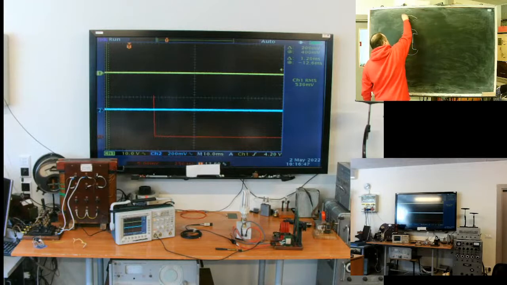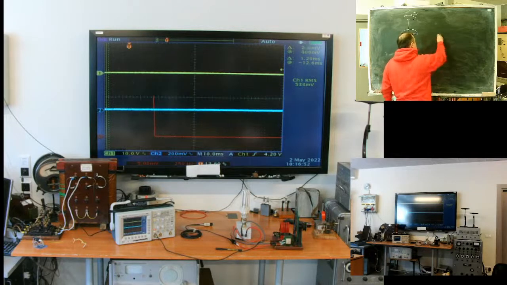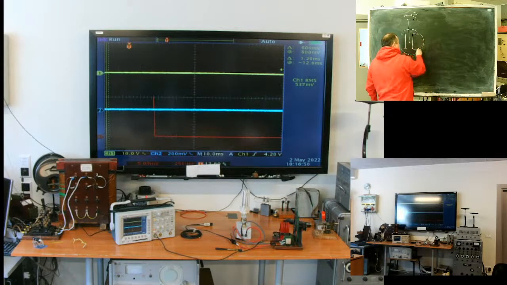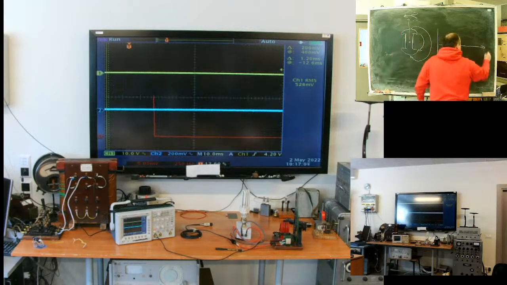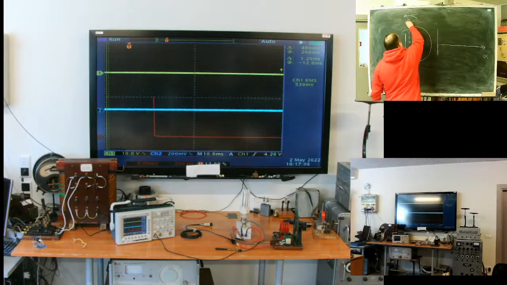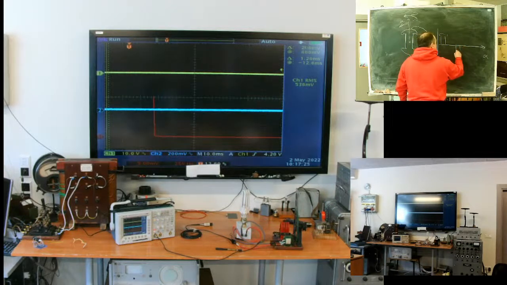If we have rotation with the frequency omega, this is one pole for magnetic induction, and this is the second one. If we draw a chart, this is the angle.